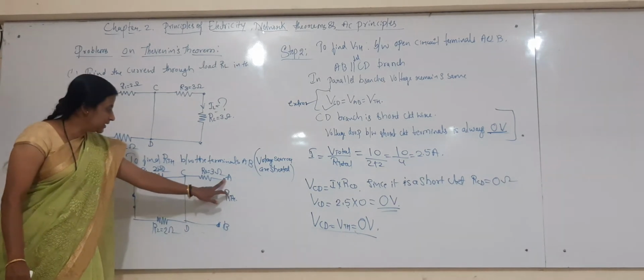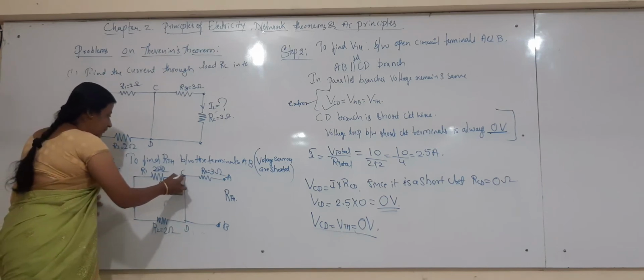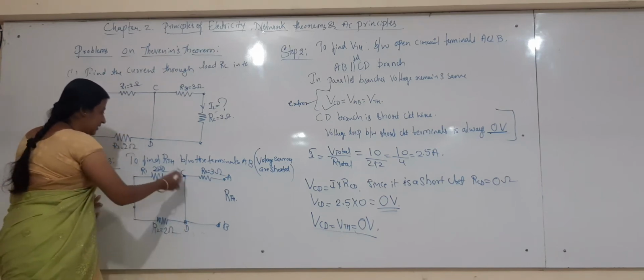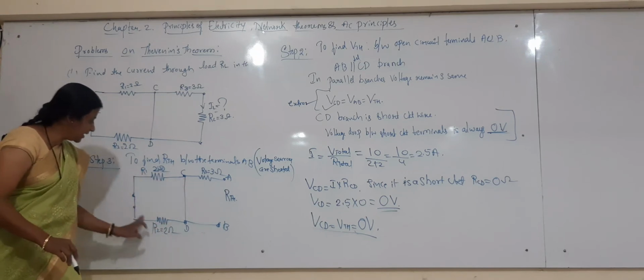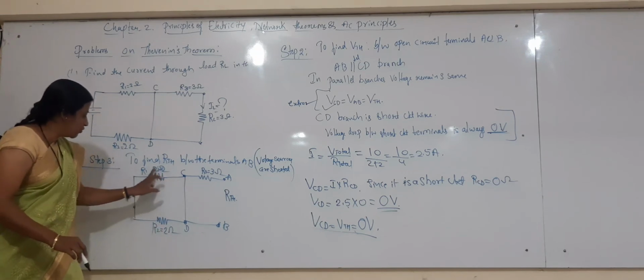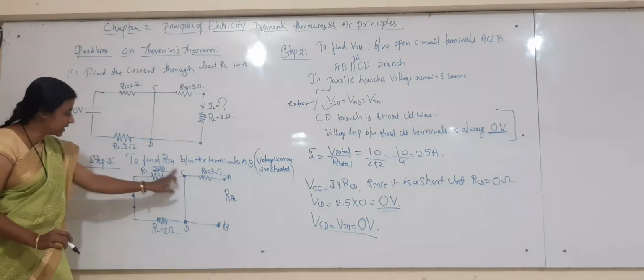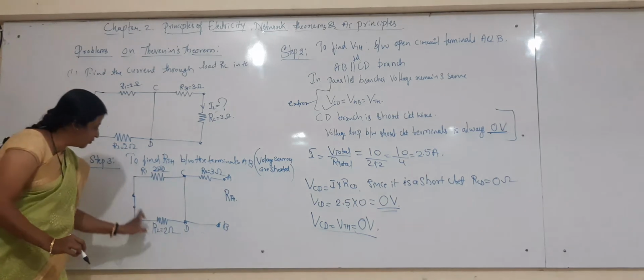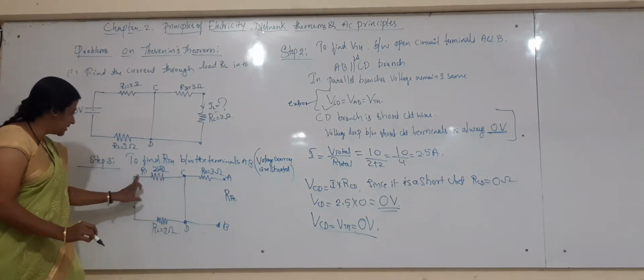To find this RTH, first reduce the circuit between C and D. Here these 2 ohm and 2 ohm are connected in series. When moving from C to D, we move through two resistors, end to end in this branch.